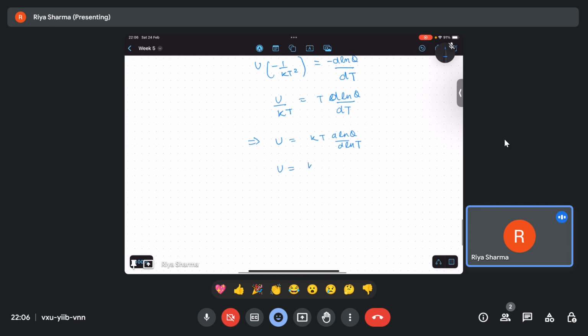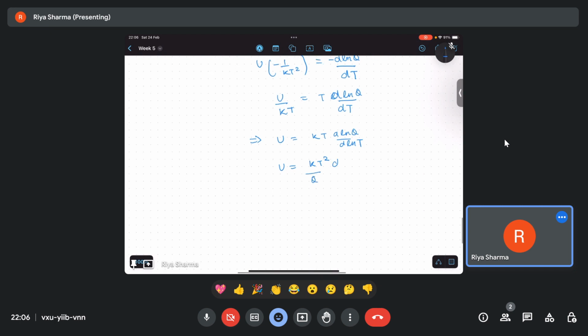Let that be there. So this will become kT square by Q dQ by dT. How did we get this? d of ln Q is 1 by Q dQ, and d of ln T is equal to 1 by T dT.